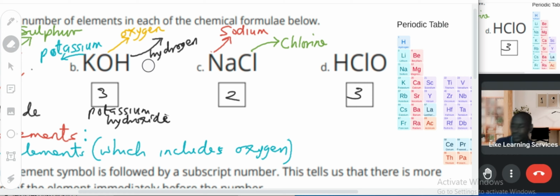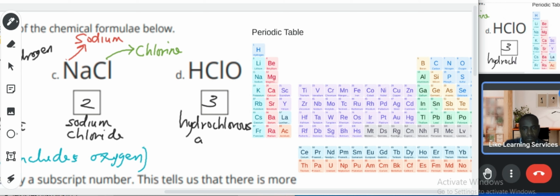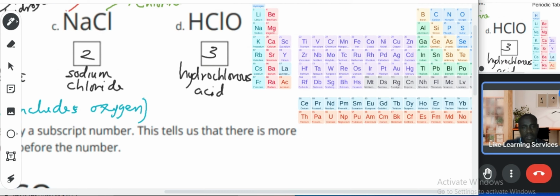I'll give you the name. There are 3: hydrogen, chlorine, and oxygen. This is called hypochlorous acid. But don't bother about it. Okay. That's that about that.